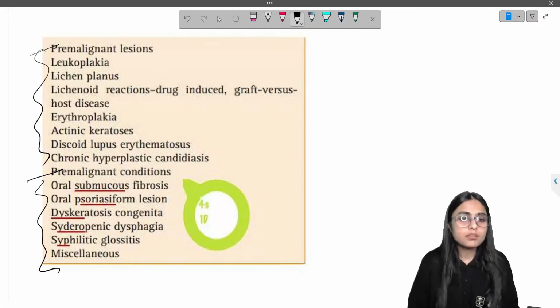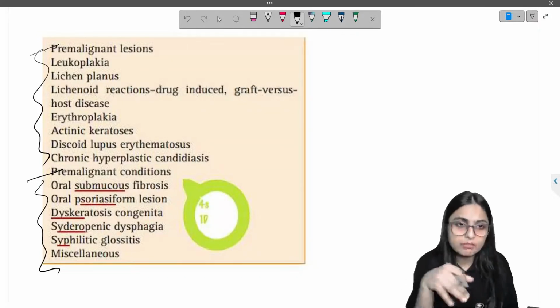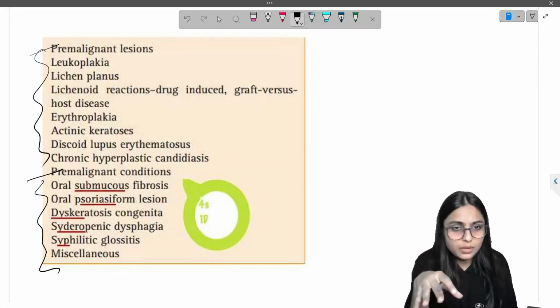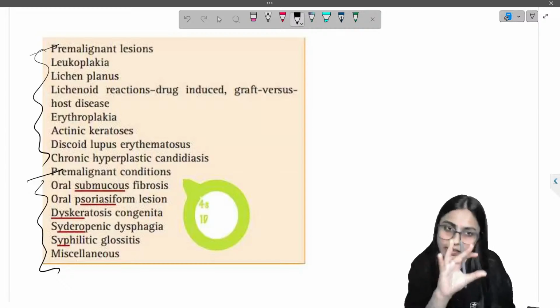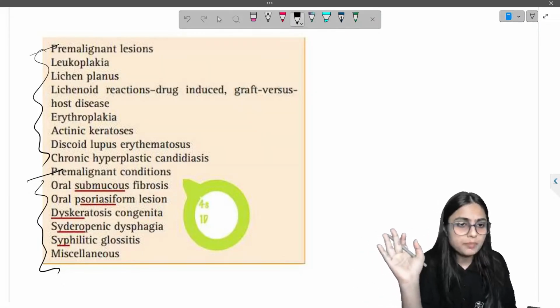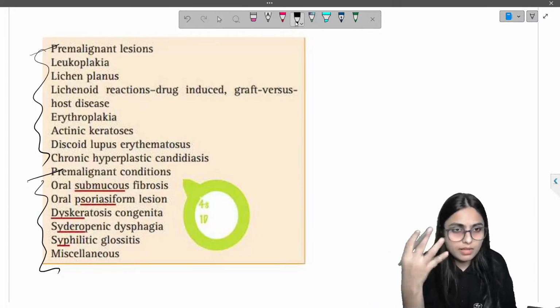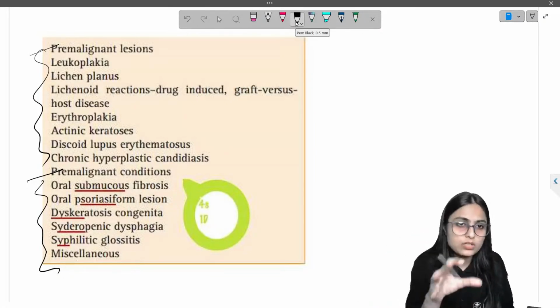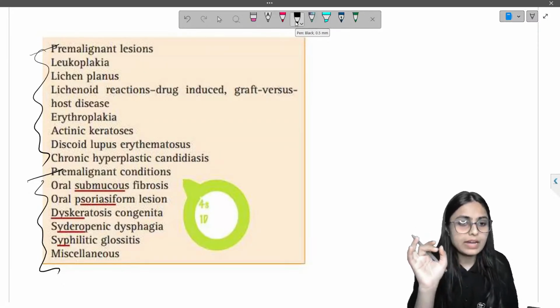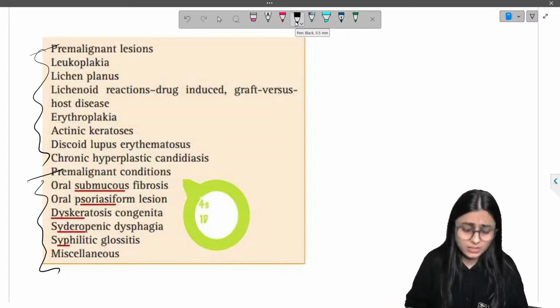You should know that these were the pre-malignant conditions and lesions. Now we are calling everything potentially malignant disorders only, right? But just for your reference, previously it was like this. So just go through this table.